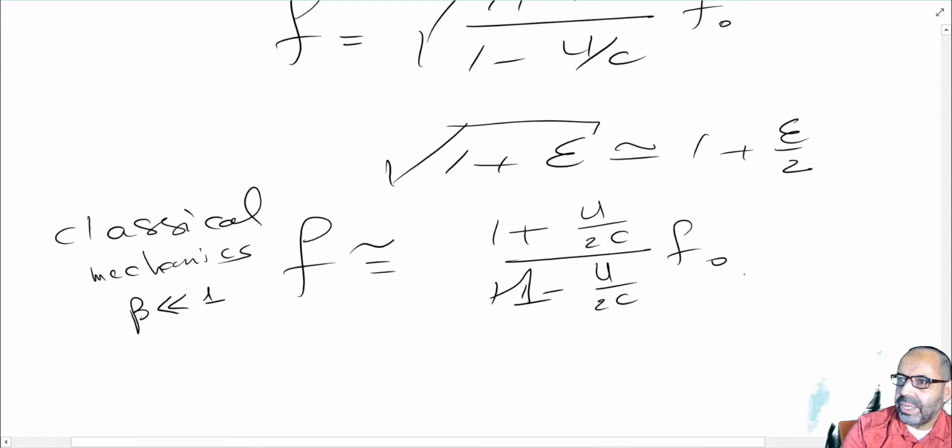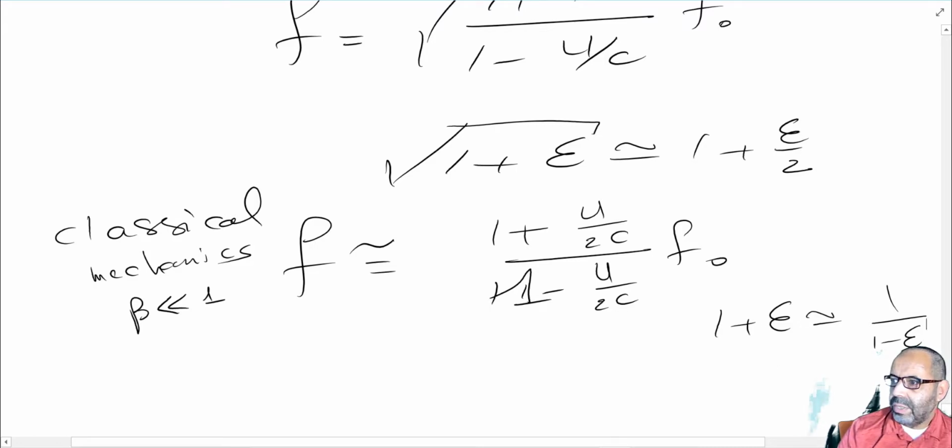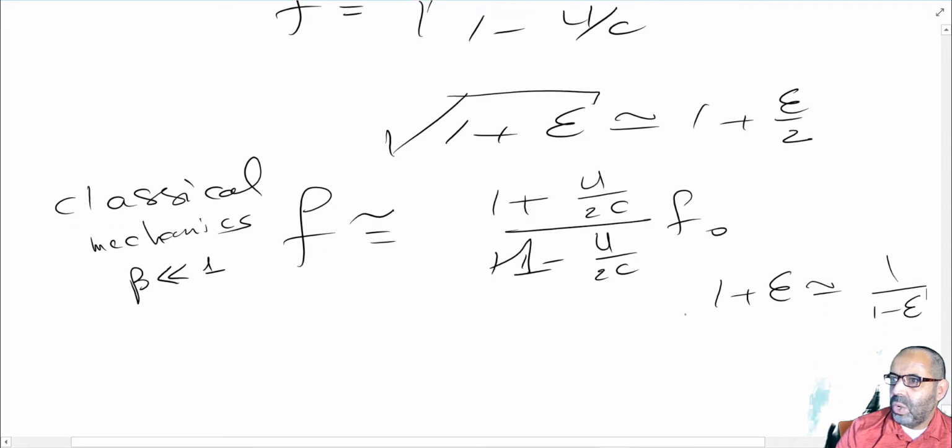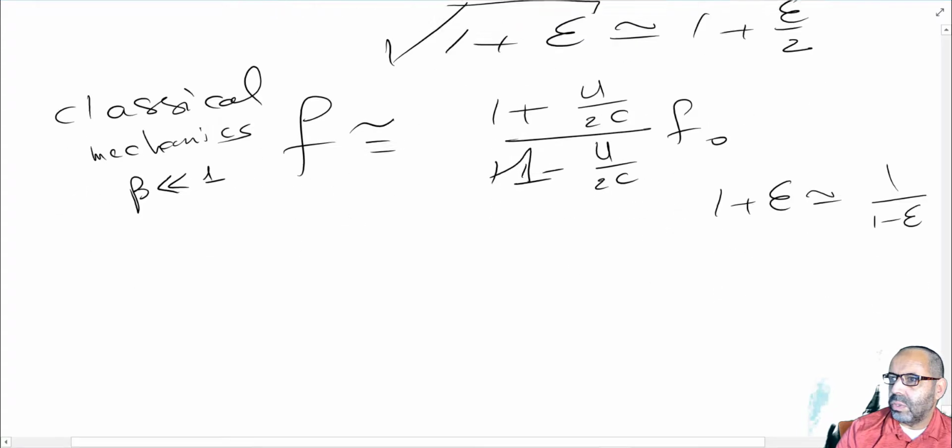And if I bring this in the denominator, basically what I'm going to say in here is that 1 plus epsilon, which is this quantity now, is roughly equal to 1 over 1 minus epsilon, because if I do the Taylor series of this expression and leave just the two leading terms, I end up with this expression. So it's going to be exactly equal to 1 over 1 minus u over 2c minus u over 2c.